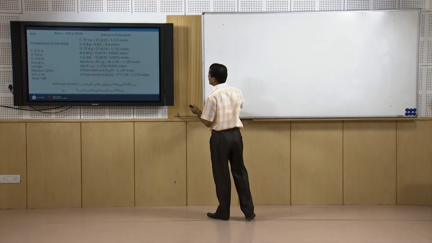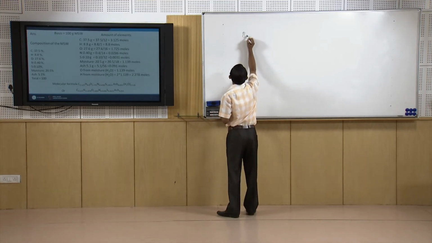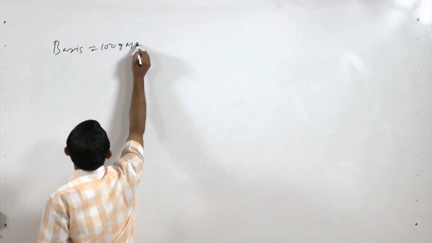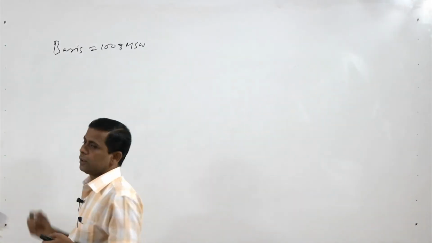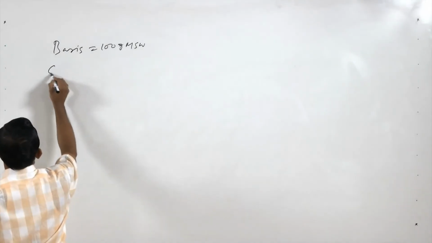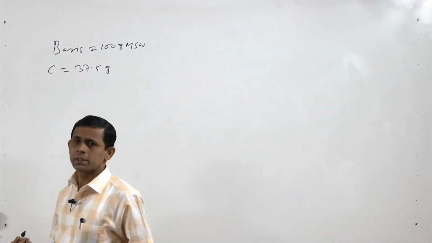To solve this problem, we have to take some basis. So, our basis is 100 gram of MSW. So, carbon present in this is equal to 37.5 gram, as 37.5% is carbon.